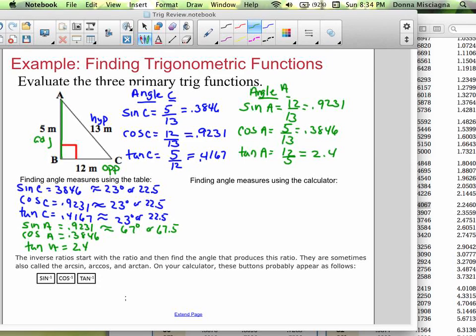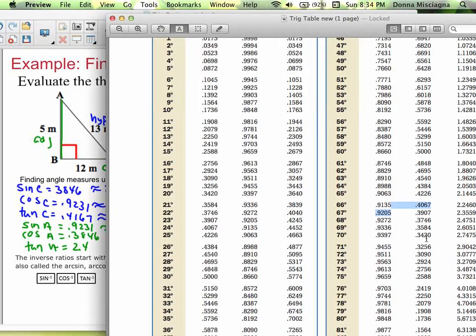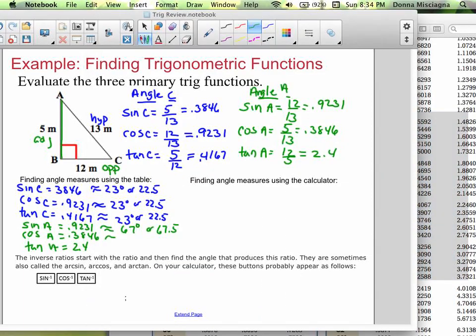And let's see about cosine, 0.3846. Well, notice if I look across, 0.3907. Cosine is going to fall in between those two as well, where there's a little line, because that's all I can get. So again, we got about 67 or 67.5 degrees.